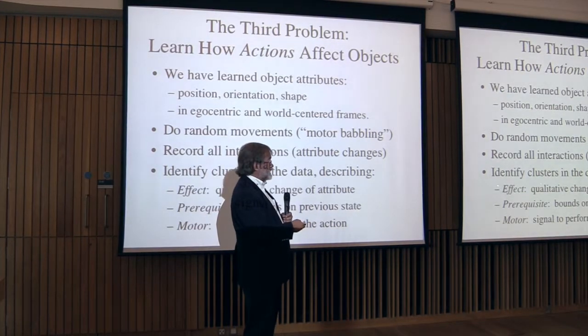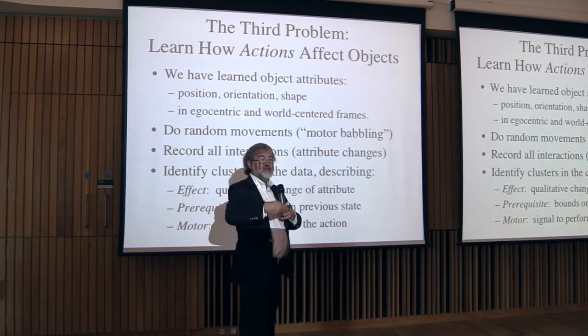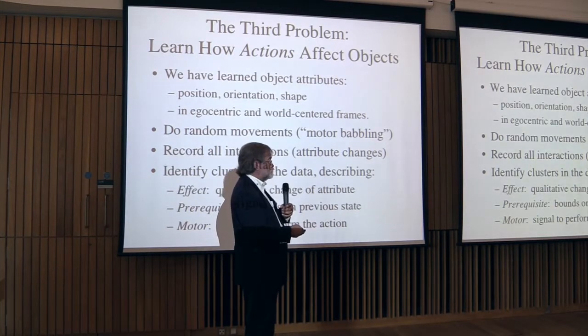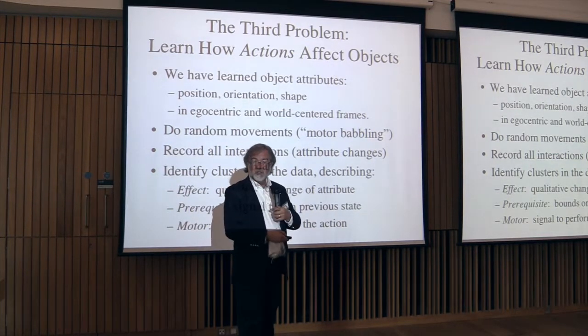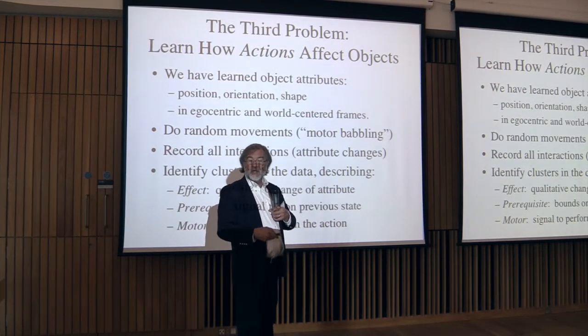Once we identify particular changes of attribute, we can identify the prerequisites of that change, putting bounds on the previous states that are consistent. Are there regularities in the bounds on previous states that are consistent with that particular effect? And then when we can, is there a motor signal that makes that action happen?